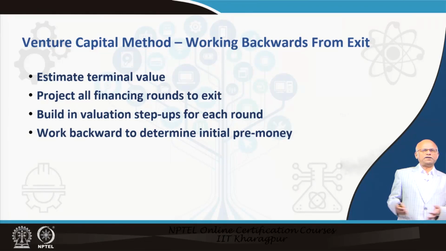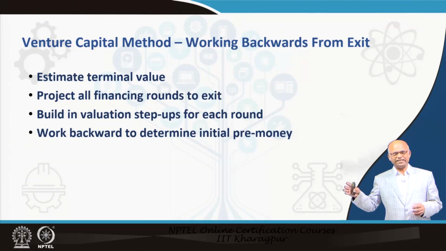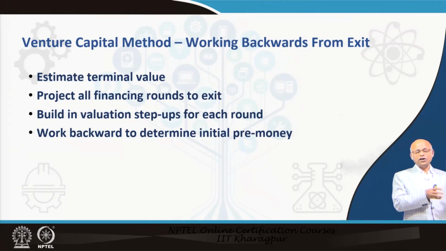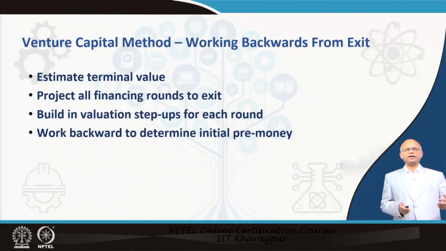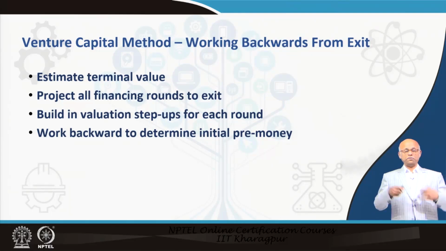So, there may be multiple rounds of funding, but eventually when you exit, you have to backtrack and estimate the present value. Only then you can estimate how much money the angel or the VC should bring in to get some kind of holding. That comes later. Work backward to determine the initial pre money.